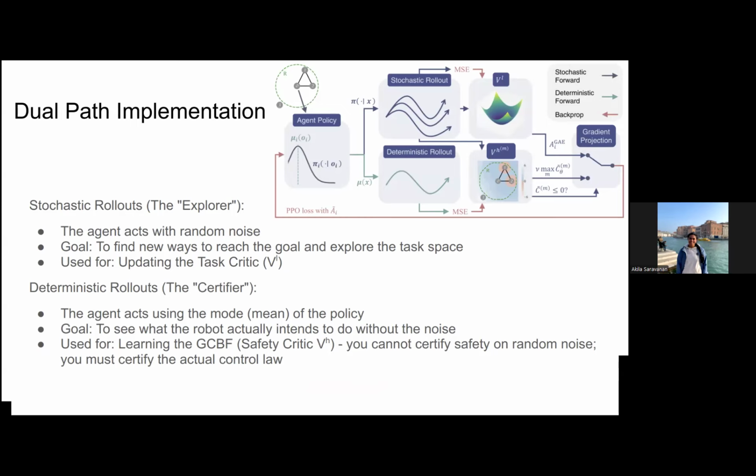We get our policy, and we have the critic act on the agent state with noise. So that's taking the policy, which is what the pi with the X is representing.